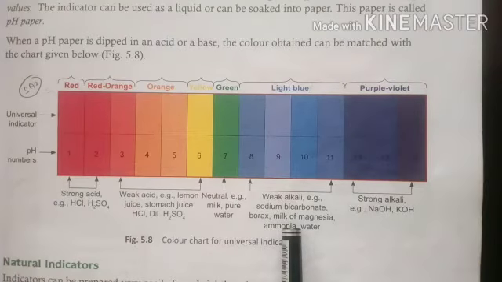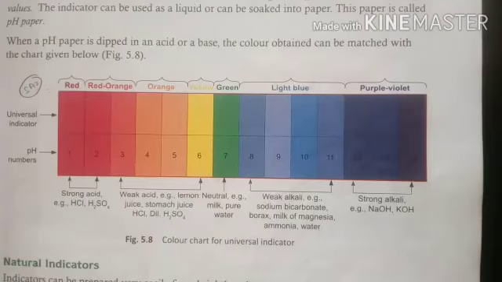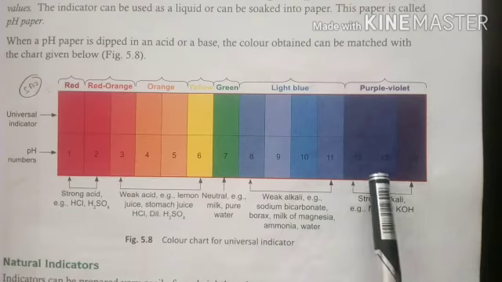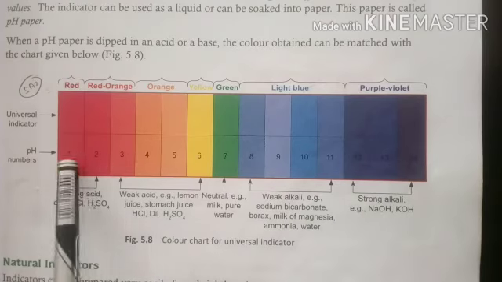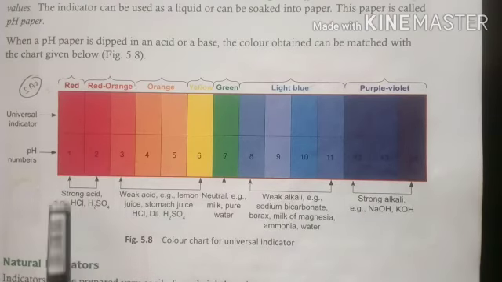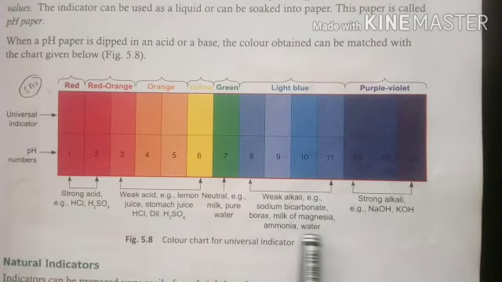They show a weak alkali, meaning base, such as sodium bicarbonate, borax, milk of magnesia, ammonia, and sometimes water also comes in this category. At the last you will find purple violet. They are strong alkali, meaning strong base, like NaOH and KOH. So remember one thing, the last two numbers are strong and the first two numbers are also strong. This whole color range shows the universal indicator.